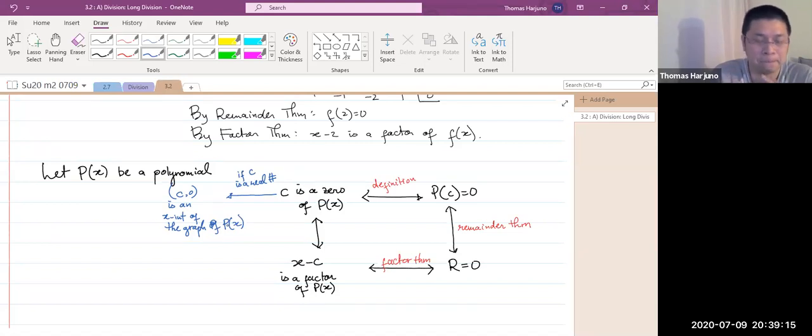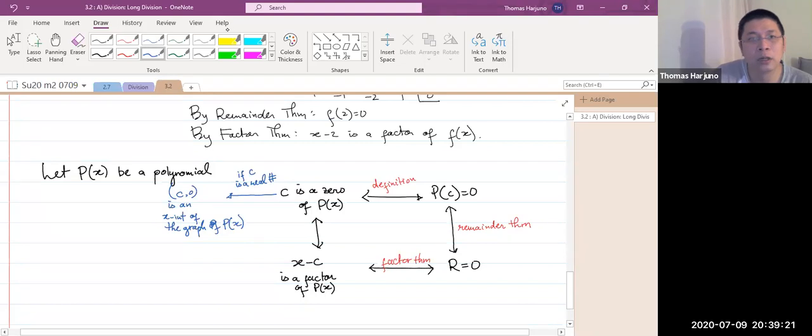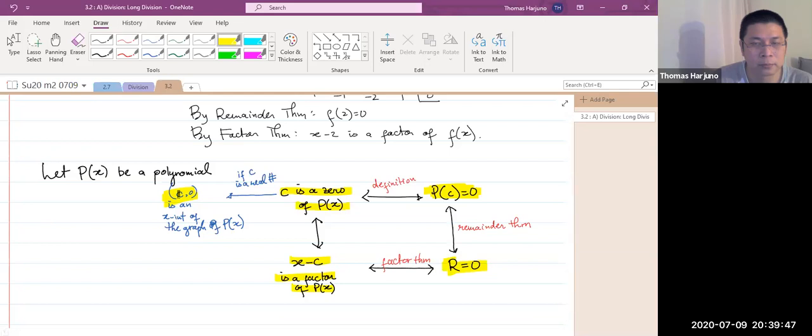Keep in mind that the remainder is the same as P(c). If the remainder is 0, it means P(c) equals 0. If P(c) equals 0, then c is a 0. It means x minus c is a factor of P(x). And if c is a real number, then (c, 0) is an x-intercept. That's a lot to put together.